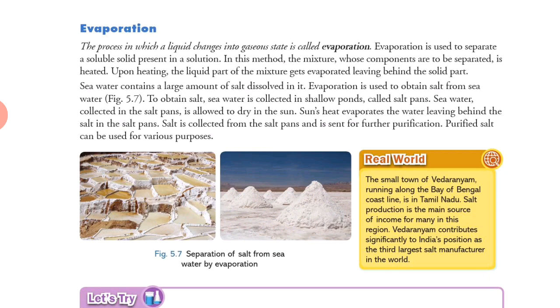The seawater collected in the salt pans is allowed to dry in the sun. The sun's heat evaporates the water, leaving behind the salt in the salt pans. Salt is collected from the salt pan and sent for further purification. Purified salt can be used for various purposes.